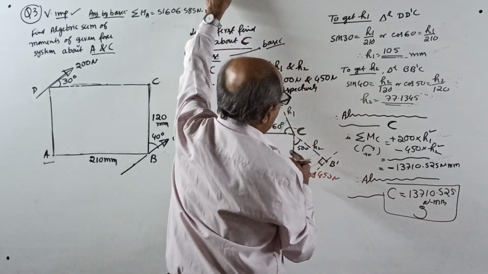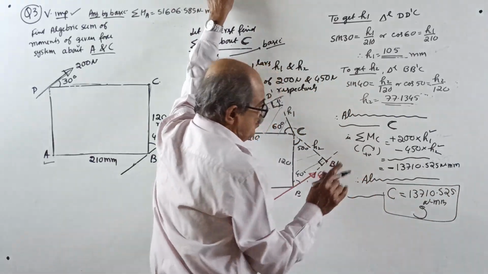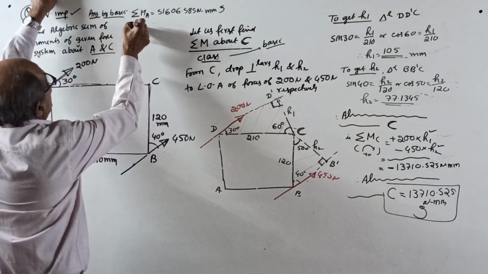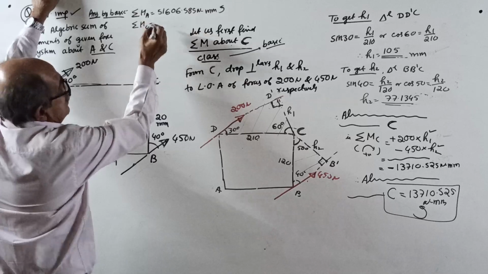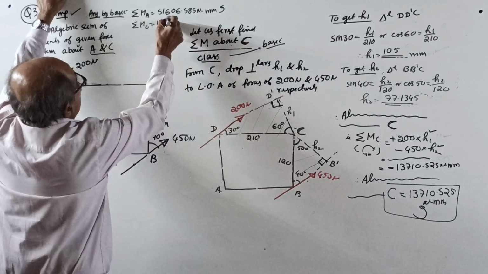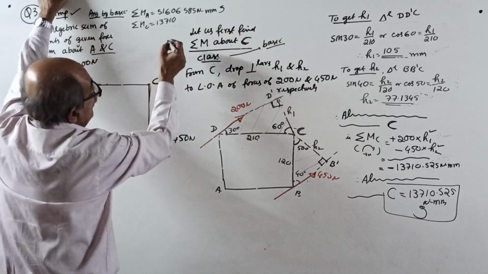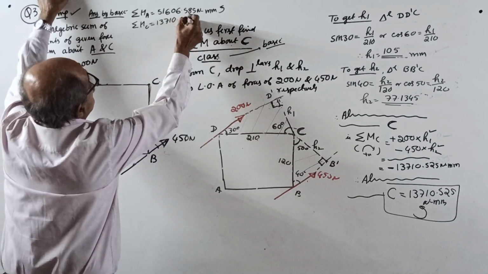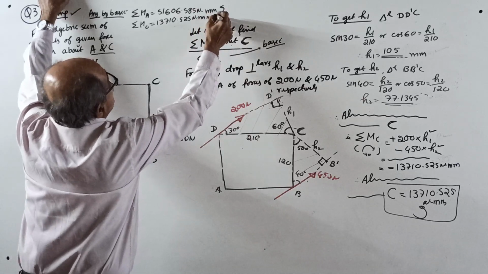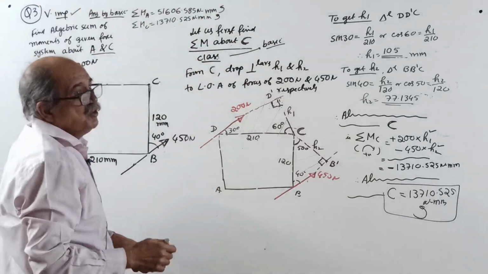That one you got clockwise, last time you got, this is also anti-clockwise, answer. So remember, and answer is sigma M about C, we got 13710.525 Newton millimeter. This I am writing for anti-clockwise. This I am writing for checking the answer. Okay, don't see that one.